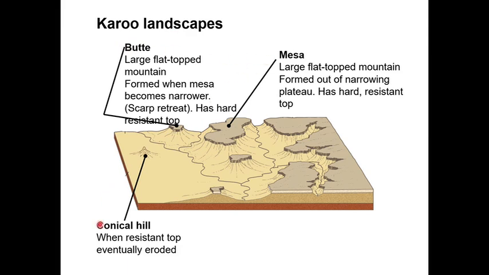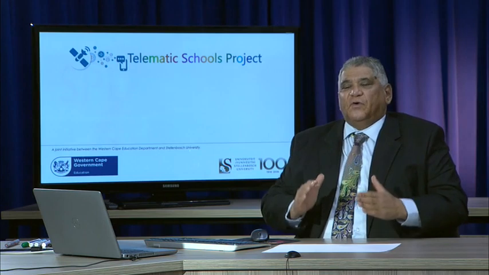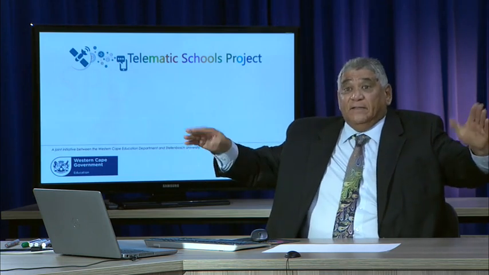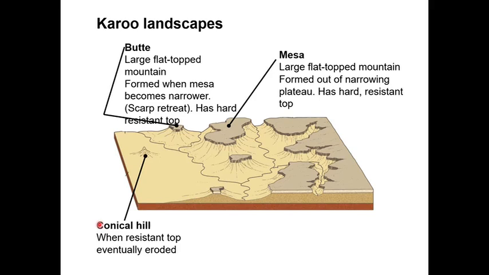Now, again, grade 11s, remember that everything starts off with the same thing. Eventually, that whole layer was the same height. And then rivers came and cut it up into different blocks. Have a look at this. So here, this was the original height of this whole area. See that there?